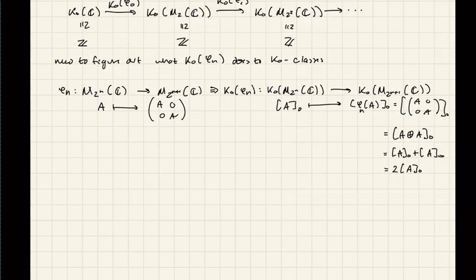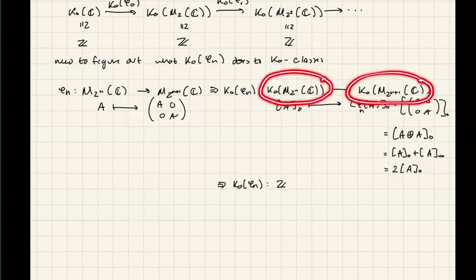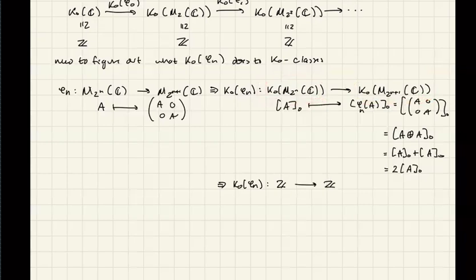So we now know what this map should do to our integers, because remember, these are the integers disguised as K0 groups. What this map does is it takes an integer and sends it to 2 times that integer.